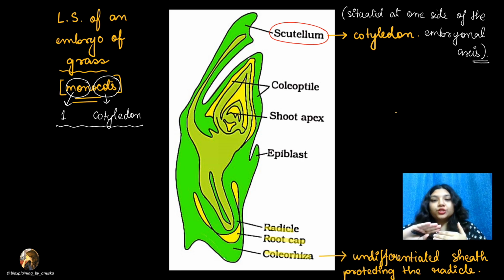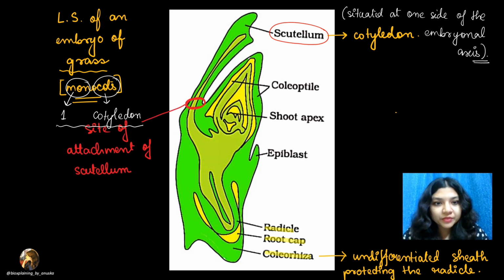Talking about the portion of the embryonal axis above. See, there is this level of attachment of the scutellum. Can you understand which level I am talking about? This one, where the scutellum has been attached. This region where I'm pointing to is the site of attachment of the scutellum. So above that, what is present?